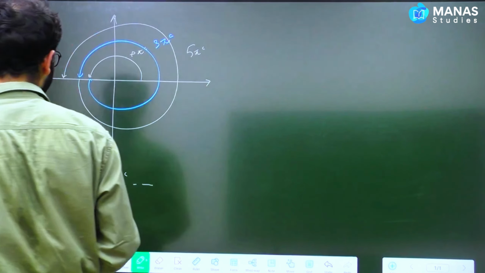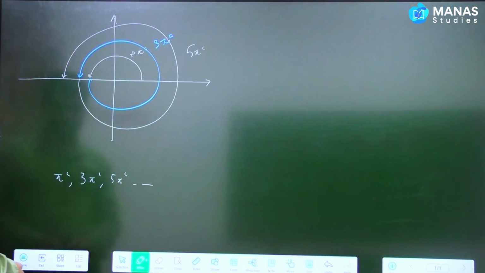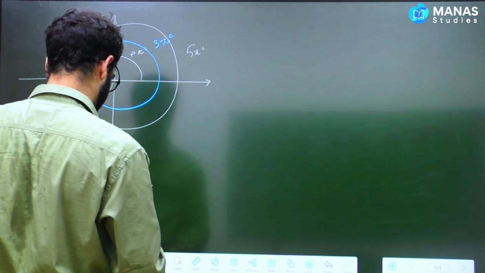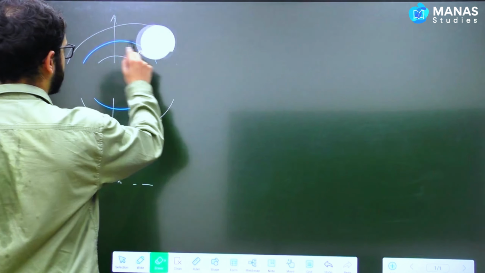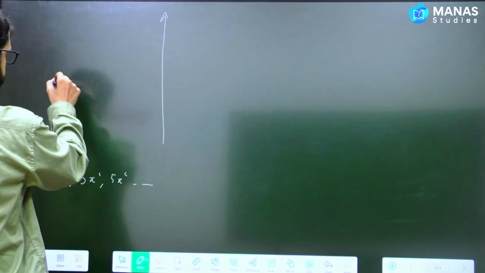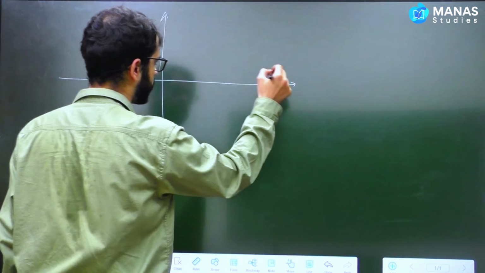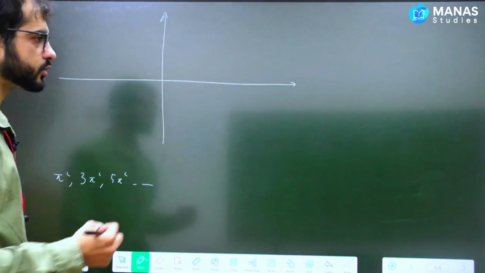Now let's observe, if instead of moving in anti-clockwise direction, I had moved in clockwise direction. Just a minute, I'll erase this and draw the new figure. Okay, now if instead of moving in anti-clockwise direction, I decide to move in clockwise direction.